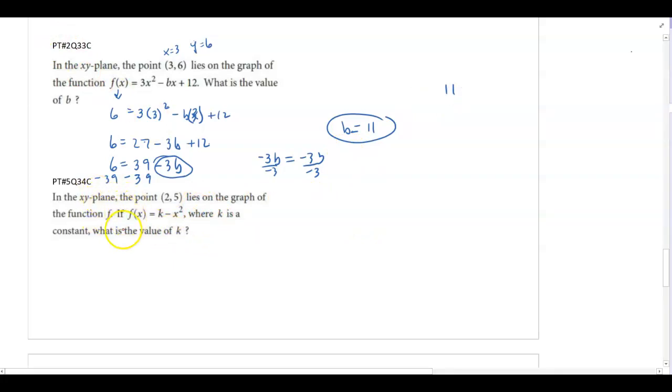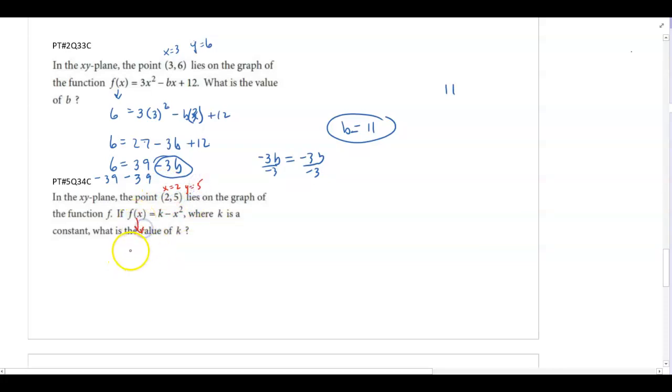Very similar problem. Again, know what you have and know how to use it. In the xy plane, the point (2, 5) lies on the graph of the function f. If f of x equals k minus x squared, where k is a constant, what is the value of k? Well, again, x equals 2, y equals 5.